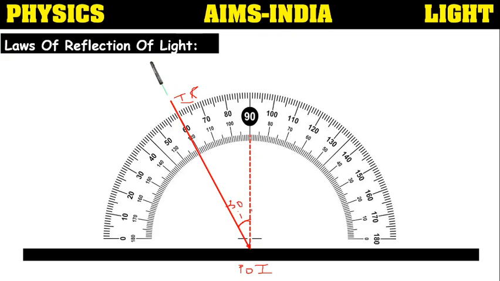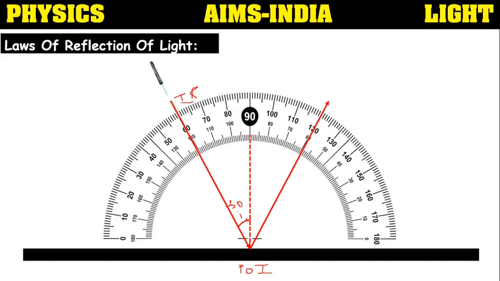What you will observe is that the ray, after hitting the plane mirror, will be bounced back into the same medium in this direction. It is going through this 120 degrees, upper part, from 90 to 120.